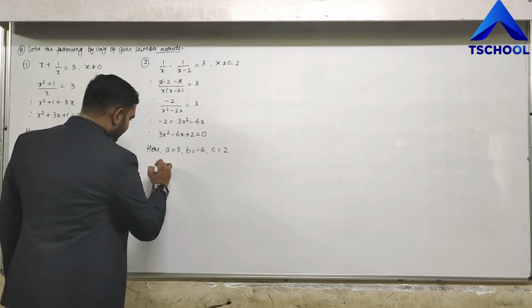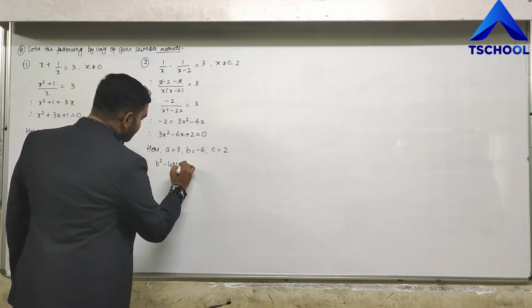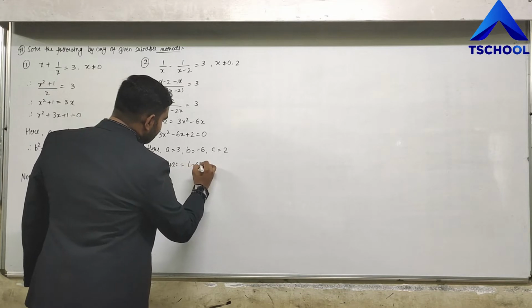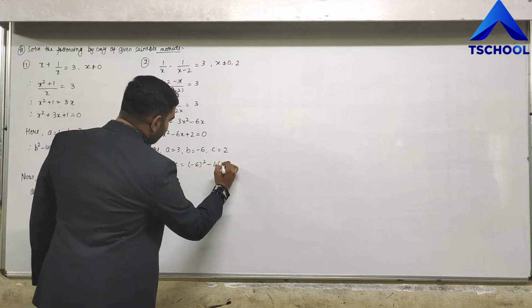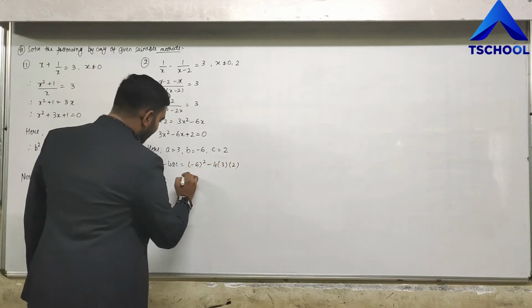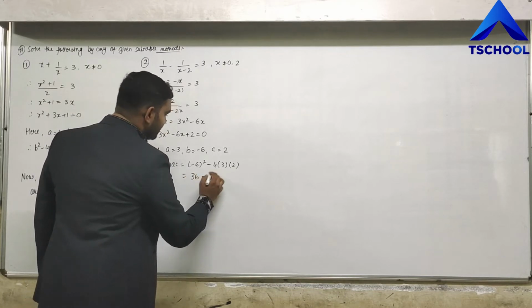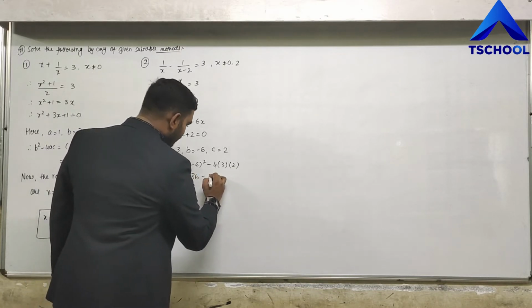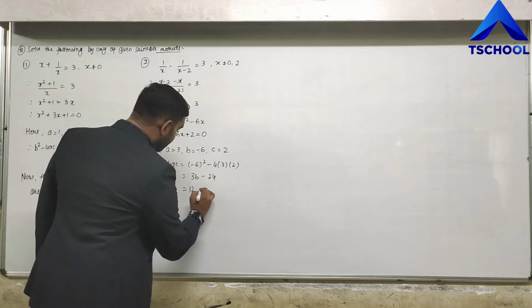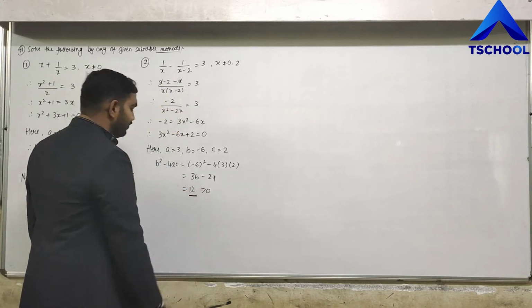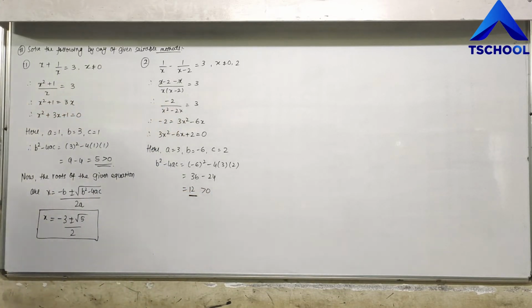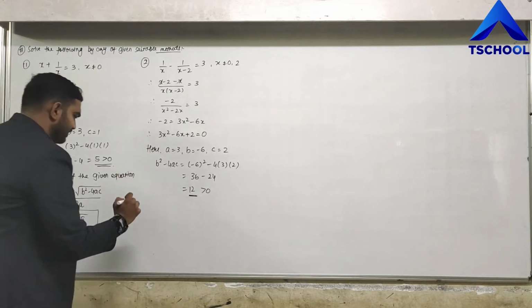quadratic formula. Now finding out b square minus 4ac, that is minus 6 square minus 4 into 3 into 2. Minus 6 square is 36, minus 4 into 3 is 12, into 2 is 24, which is 12, greater than 0. Right? So we got b square minus 4ac as 12, which is greater than 0.